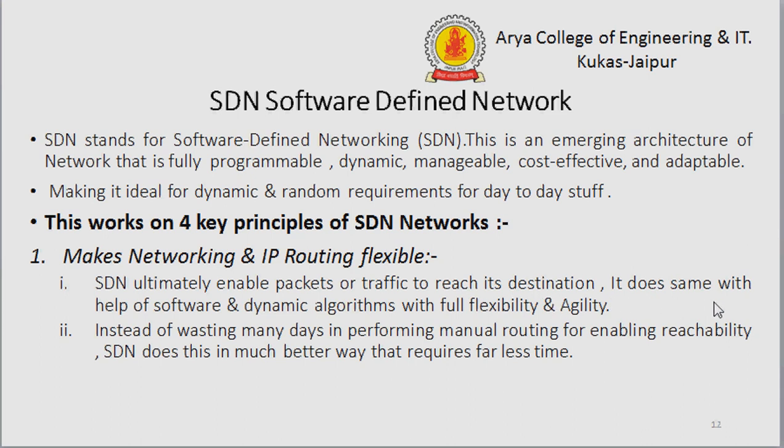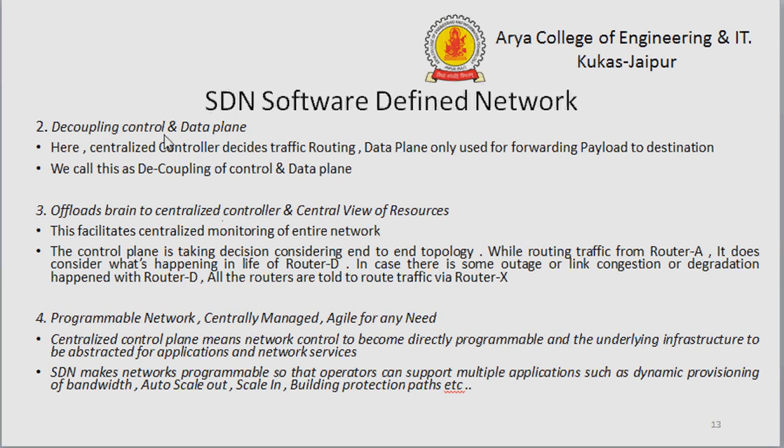It does the same with the help of software and dynamic algorithms, with full flexibility and agility. Instead of wasting many days performing manual routing to enable reachability, SDN does this in a much better way that requires far less time. Another key principle is decoupling the control and data plane.